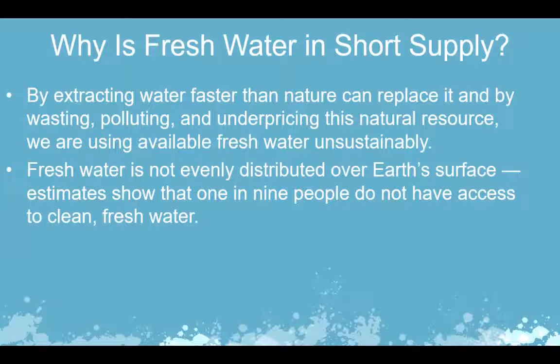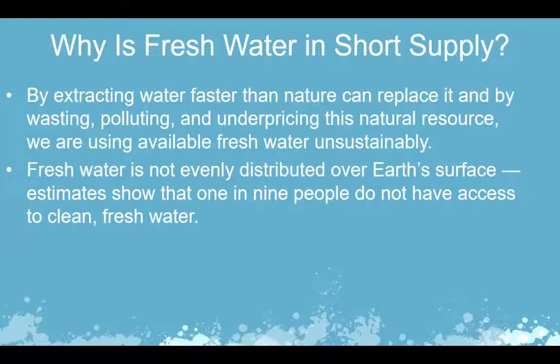Fresh water is not evenly distributed over the Earth's surface. Estimates show that 1 in every 9 people do not have access to clean, fresh water. And if you think about a planetary population of about 7.6, 7.8 billion people, that's a lot of people who don't have access to clean, fresh water.